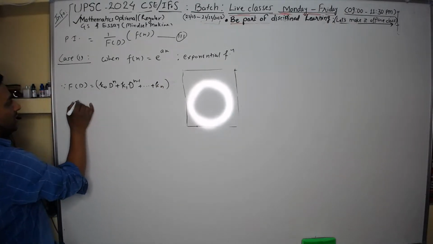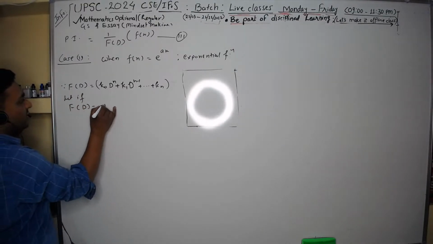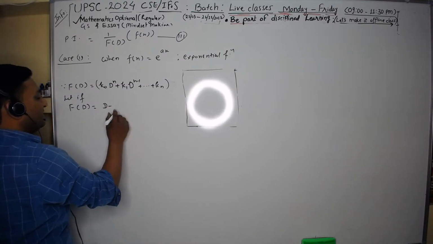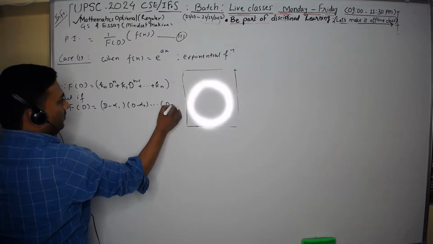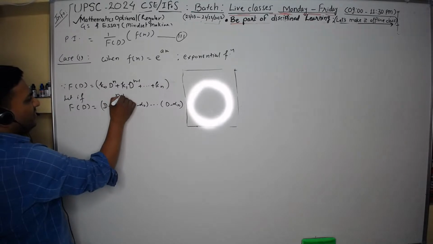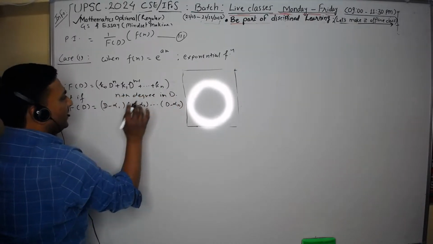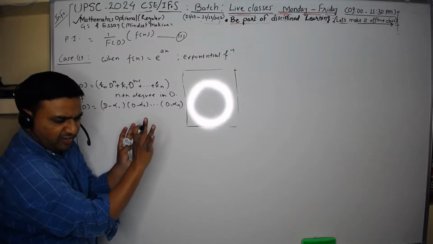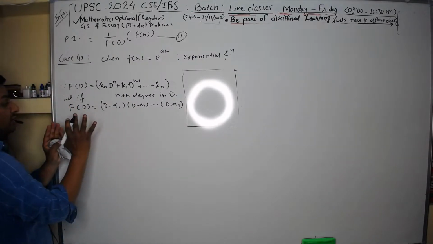Now let f of D be (D minus alpha 1)(D minus alpha 2)...(D minus alpha n), since it is nth degree in D. So this can be factorized like this.